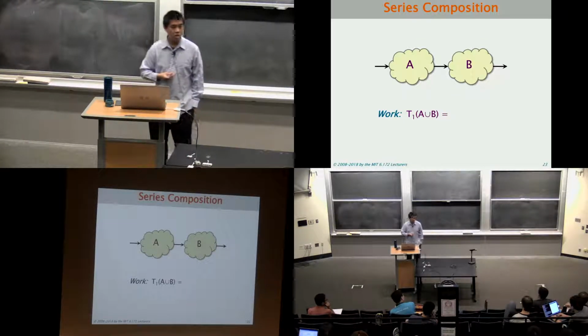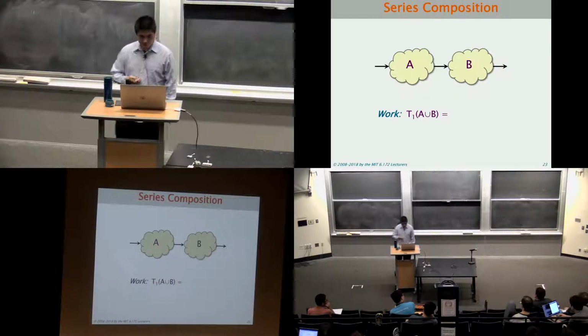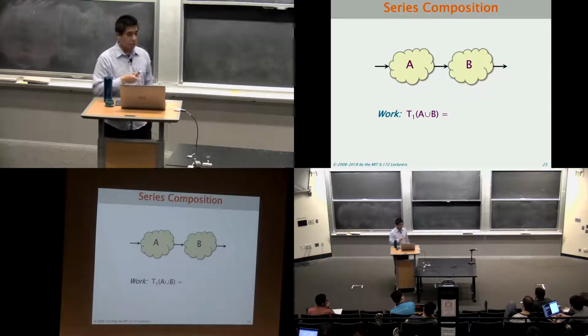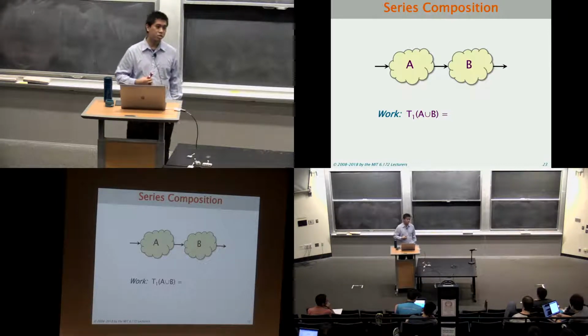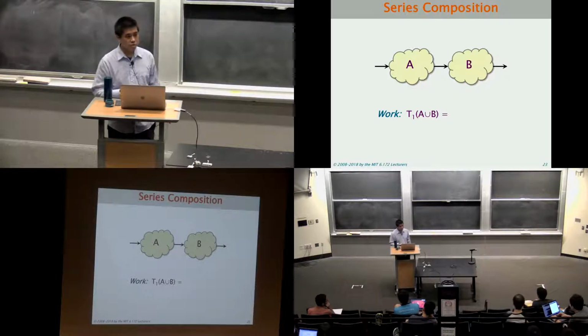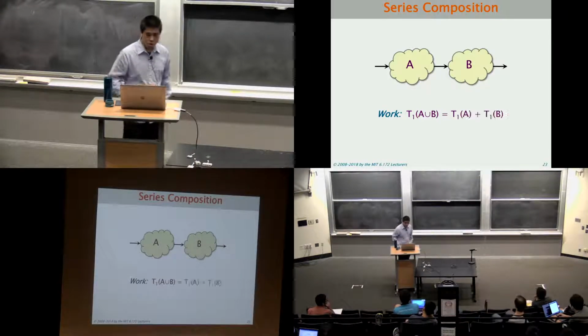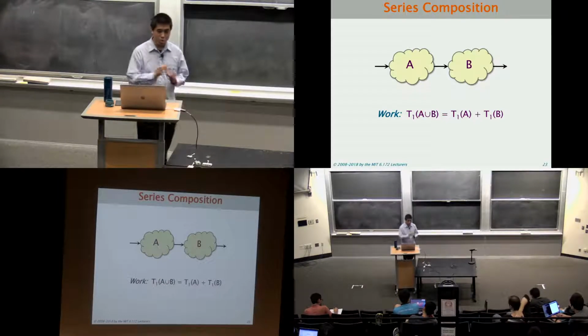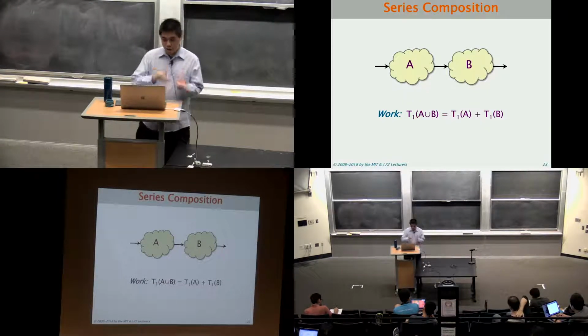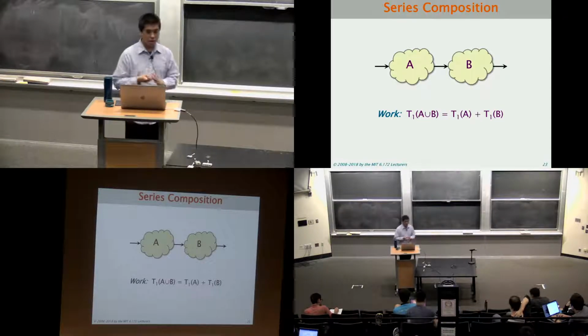I guess it would be T1 of A plus T1 of B. Yeah, so why is that? If they have to execute sequentially, you take the time to execute A, then B after. So the work is just the sum of the work of A and the work of B, because you have to do all of the work of A and then all of the work of B.